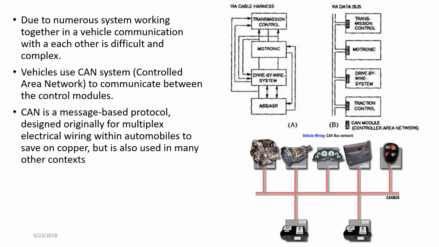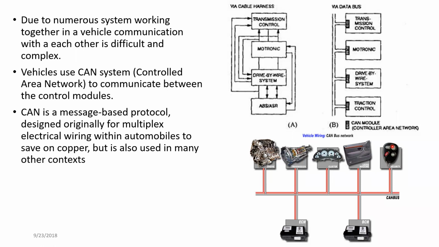What you have to remember is that for each and every system of the vehicle, there's a separate module inside the electronic control unit, also known as the powertrain control module. All these modules have to communicate with each other. So for communication, vehicles use a system called the controller area network.